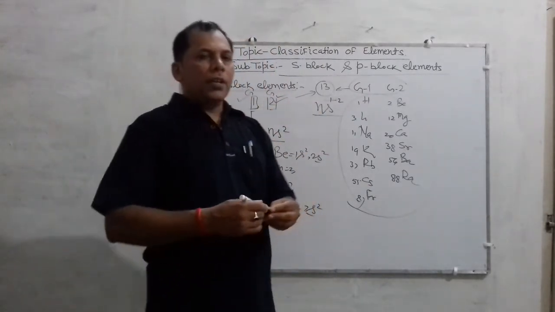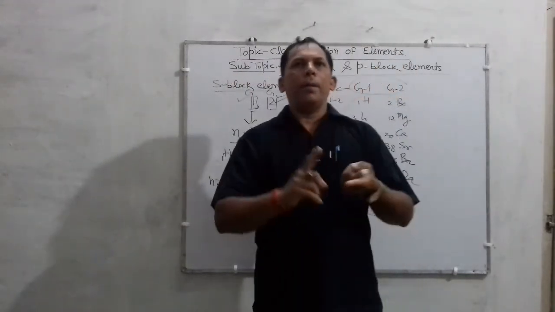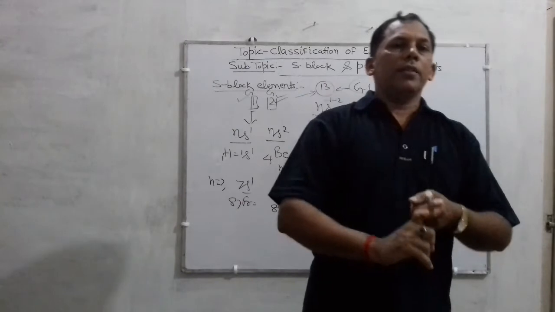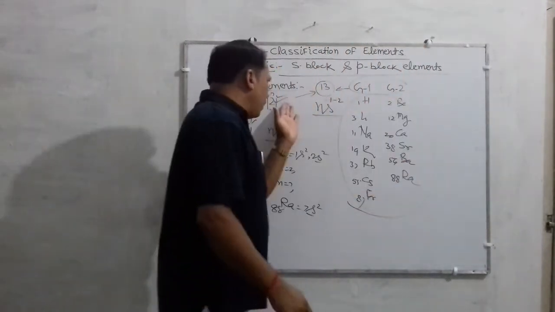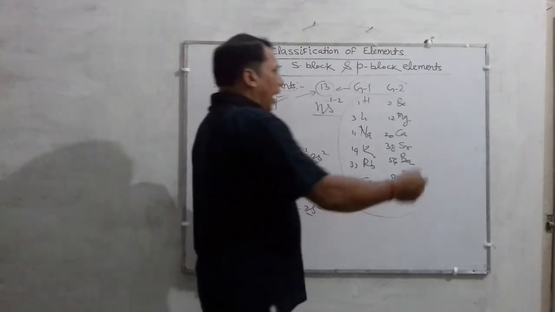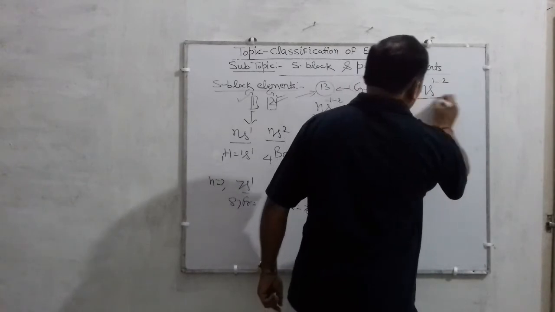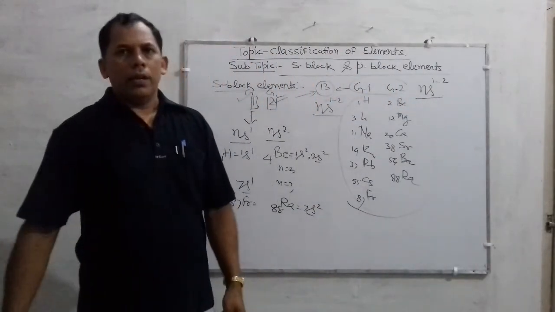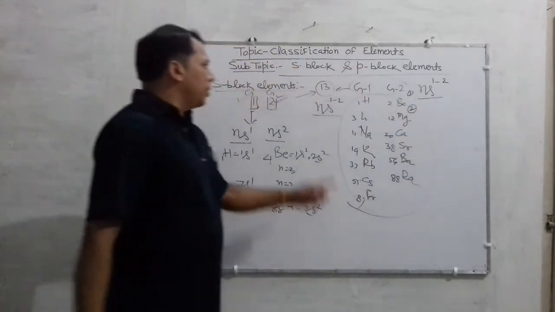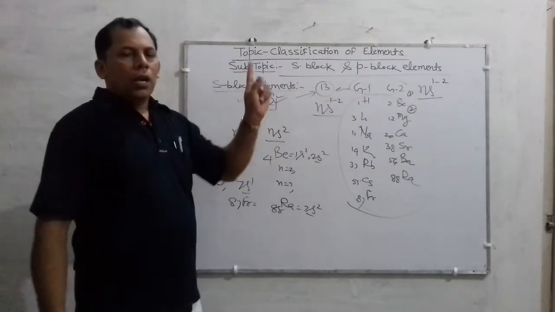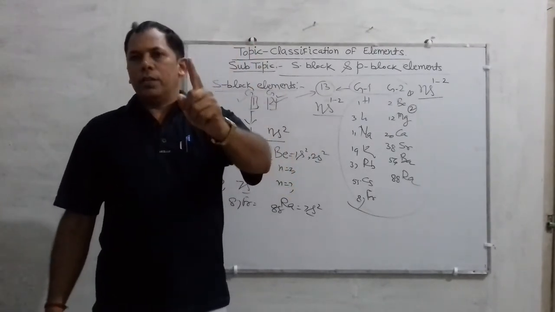Now come to the properties of S block. So listen sincerely, what are the main properties or main characteristics of S block elements? First characteristic, S block elements have the general electronic configuration ns1 or ns2. Second property, the elements present in the S block are generally soft metals except hydrogen.